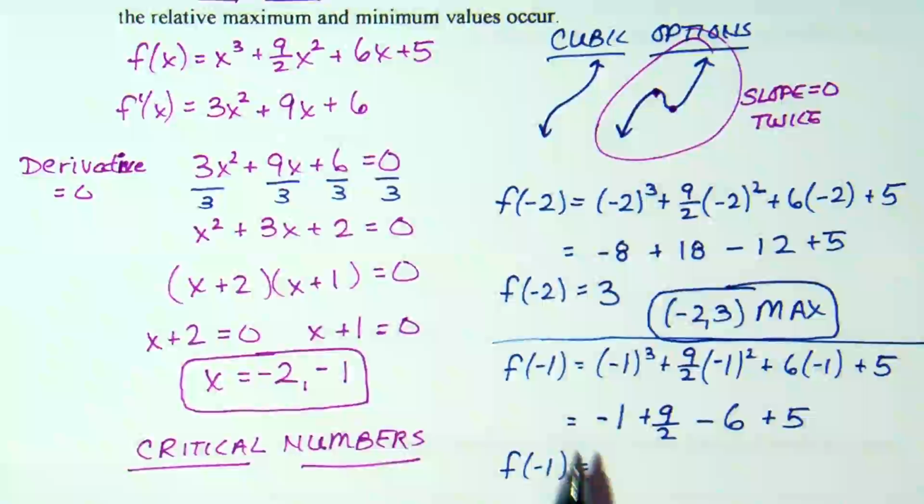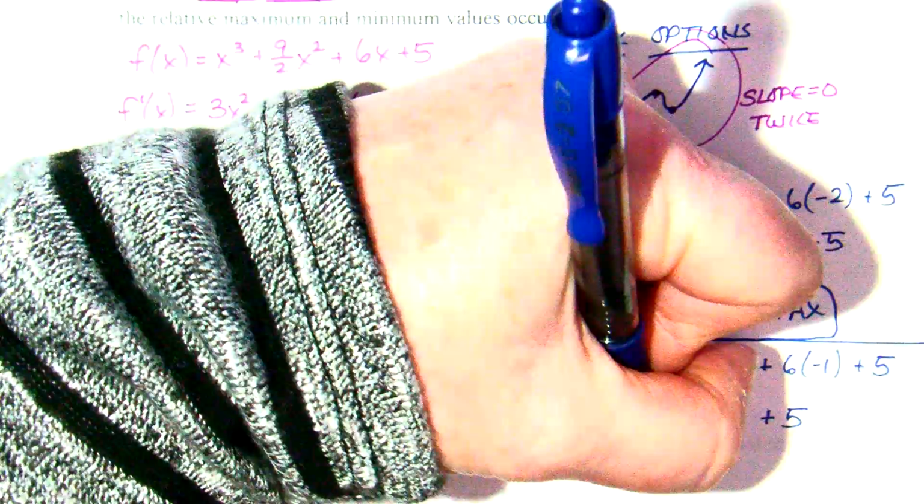I personally would do all the whole numbers first and then worry about the fraction. -1 and -6 is -7, plus 5 is -2. What do you know about 9/2? My brain says 4.5. So if I've got 4.5 minus 2, I'm at 2.5. And you can say 2.5 or you can say 5/2. It just depends on your feelings.